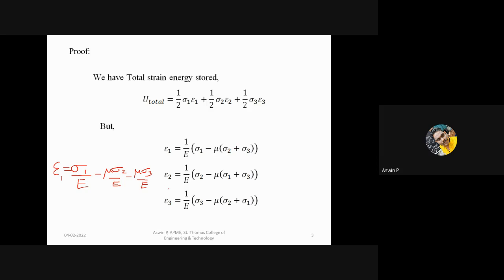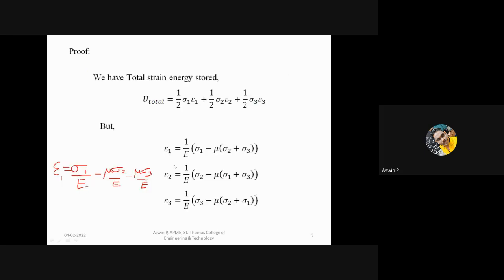Similarly, for epsilon 2, sigma 1 becomes sigma 2, and inside the bracket will be sigma 1 and sigma 3. Similarly, epsilon 3 will become like this. This is the basic equation. After that, we will write later. I will give time for writing.